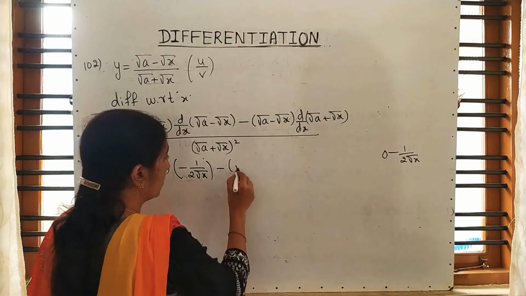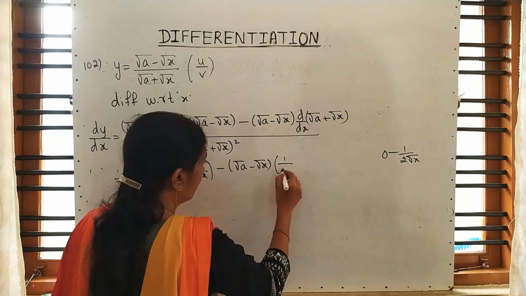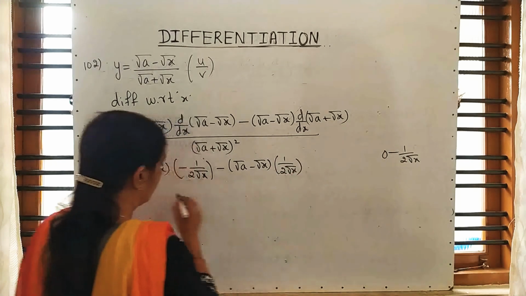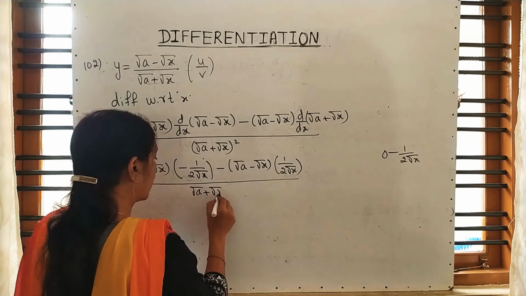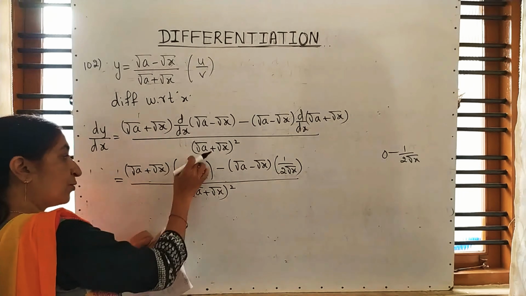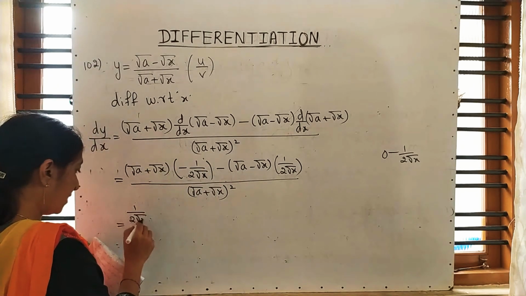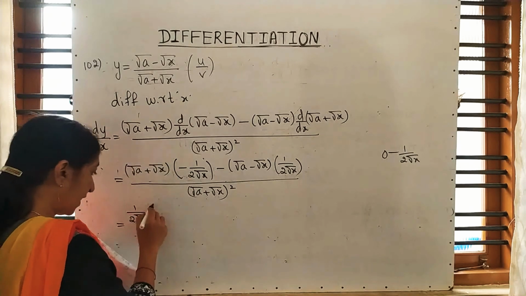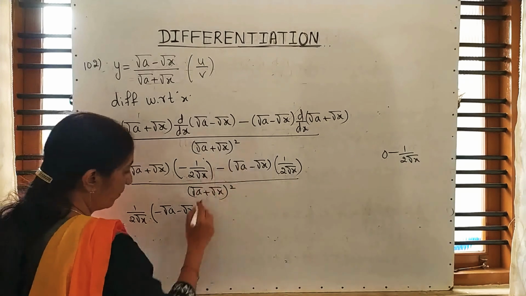Next, minus root a minus root x as it is. Again tell me what is your answer. Upon root a plus root x whole square. Here instead of removing and multiplying, I took 1 by 2 root x common. And I multiply this bracket only with minus. Minus root a minus root x, and here I took minus inside.